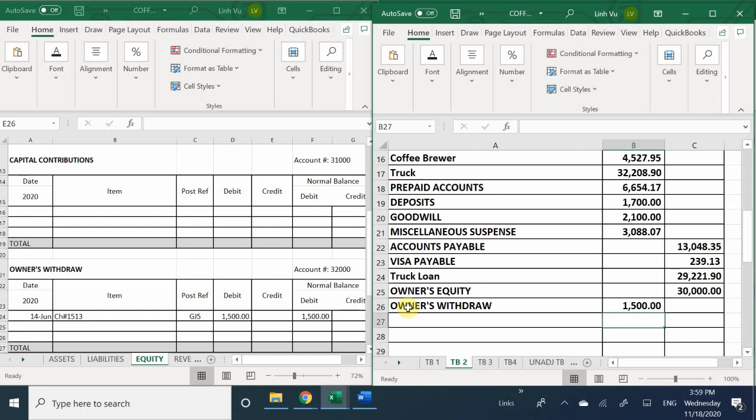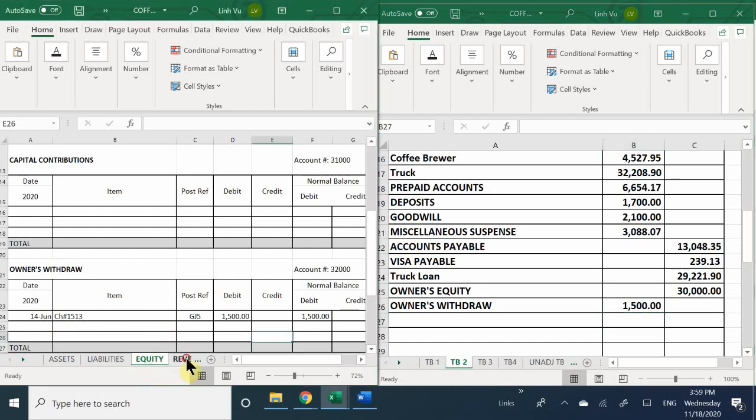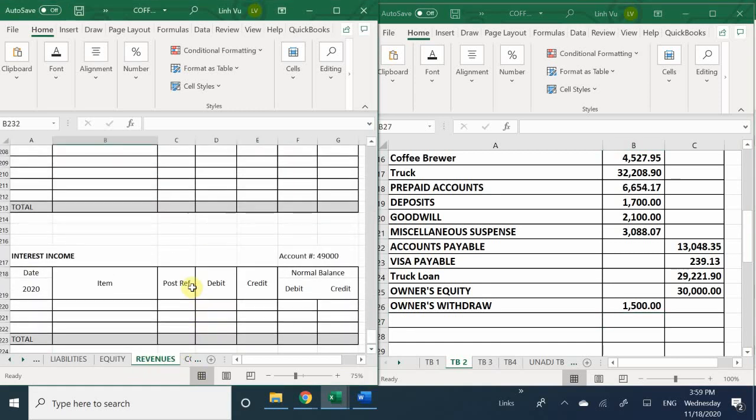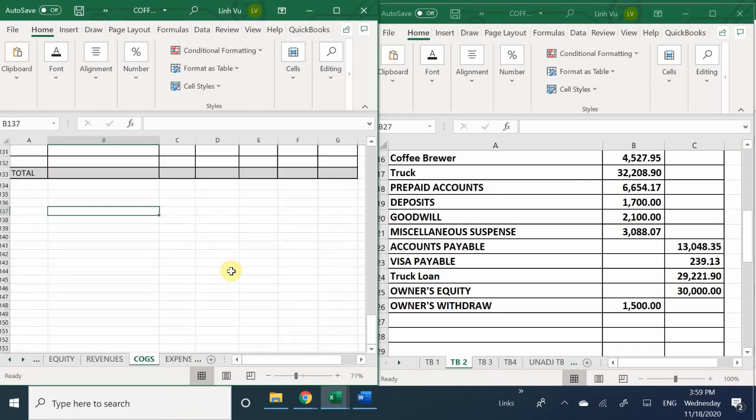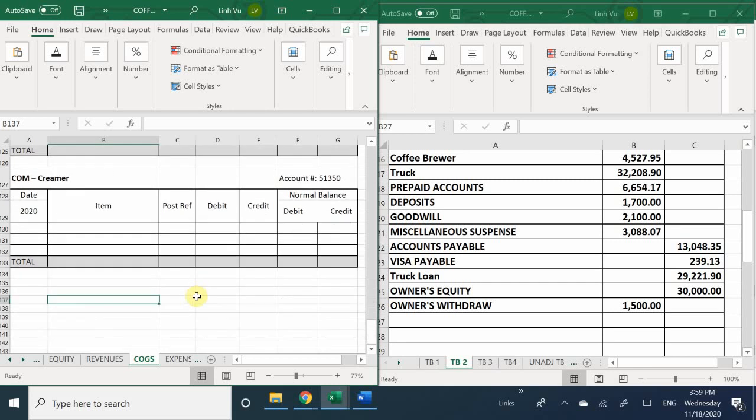So Michelle, you can copy this as well. Okay. All right. So that is it for our equity accounts. All right. Revenues. Of course, we haven't opened our store yet, so we don't have any revenues. And of course, cost of goods sold is directly correlated with our sales. So we have nothing there yet.